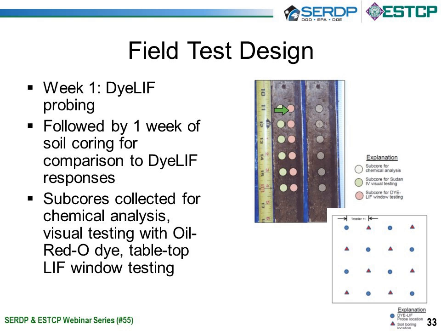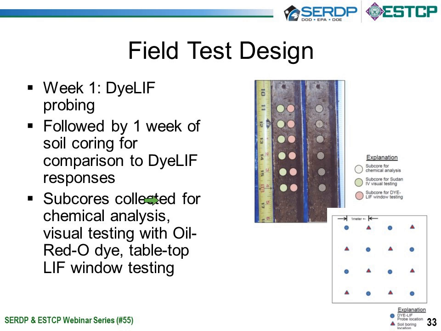And then we used the DyeLIF tool laid out horizontally, like we did at the laboratory, but on site, and we added some dye and the soil to that tool also. So at every depth, we had 3 different measurements from the same core hole. So the first week of our testing was just going to town with our probe, the new DyeLIF probe, followed by a week of soil coring for comparison to the DyeLIF response.